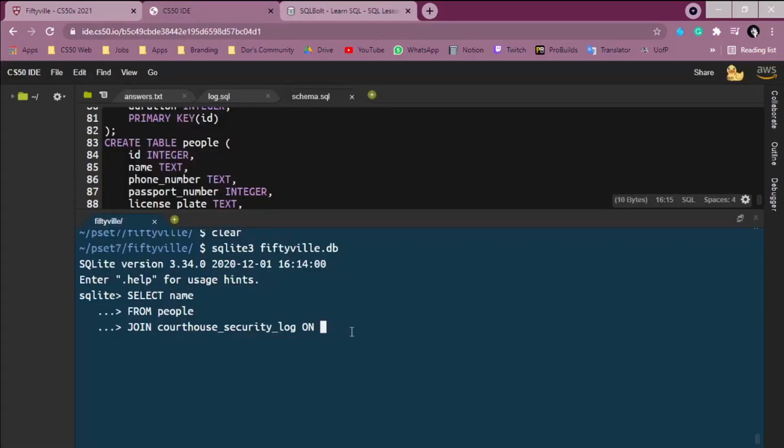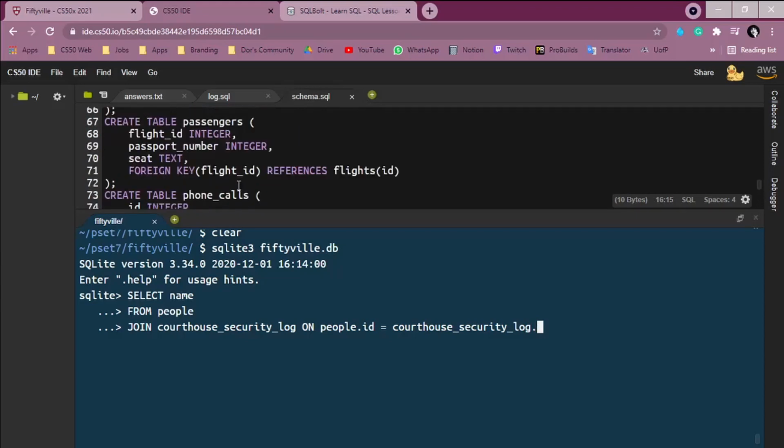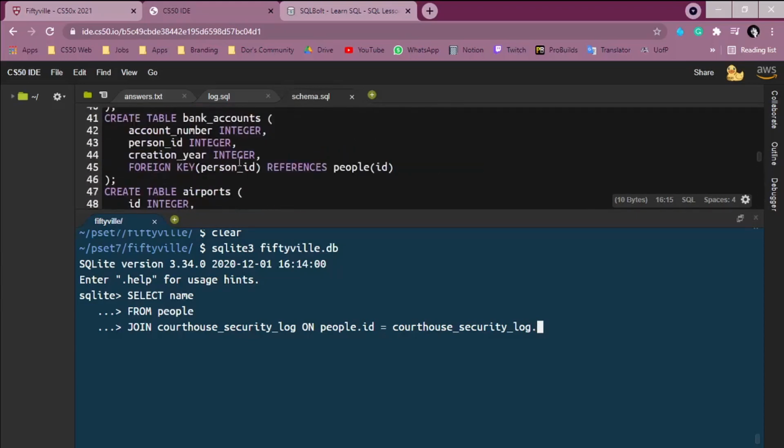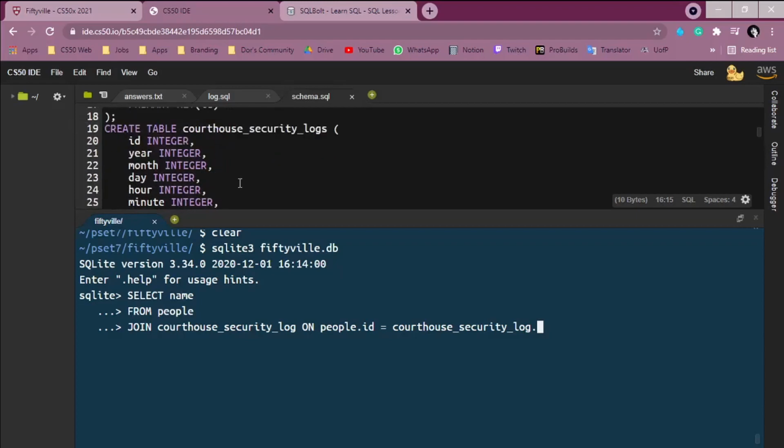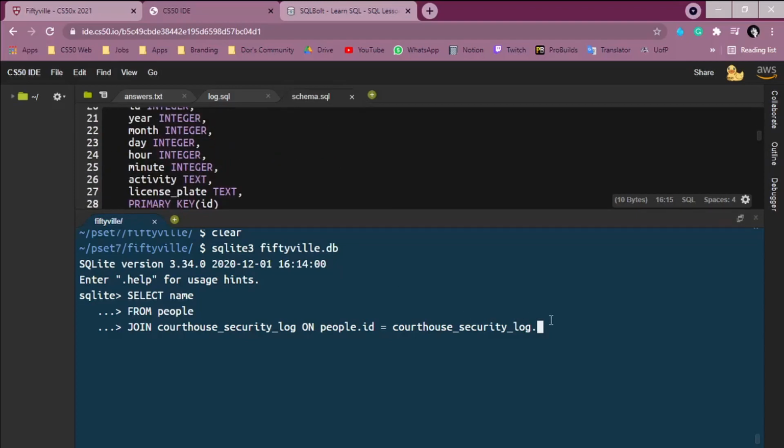And when we do this join, we have to set the primary keys. So people dot, where is the primary key? It's people.id, and people.id is equal to courthouse security log dot, what is the name of the column that we have the primary key ID in security logs table? So it is ID also, so we're going to write here ID, okay? So here we're doing the join, but now we have to do what?